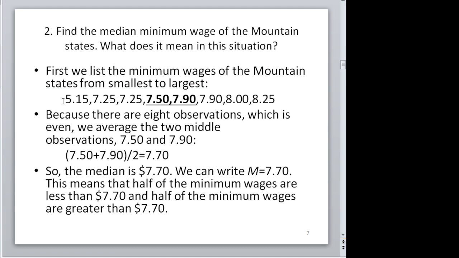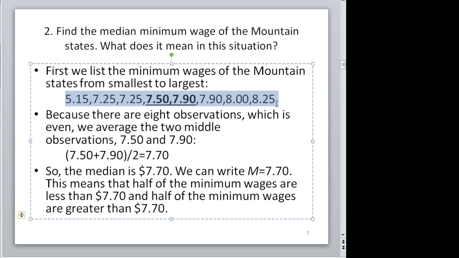So you rearrange it from small to large like that. Since there are 8 observations, which is an even number, we get the average of the 2 middle observations, which are these 2 numbers in boldface. You add them up and divide by 2, and then you get $7.70. And what does that mean?